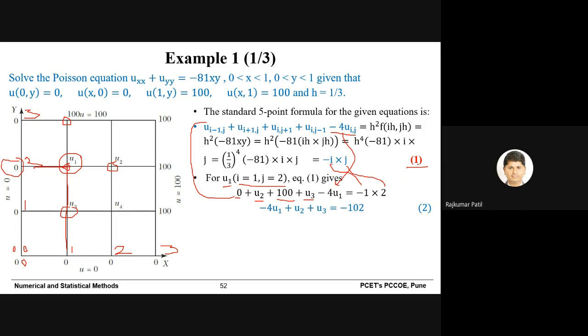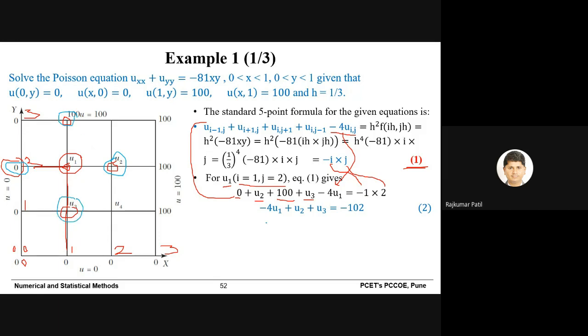So this is how we utilize equation number 1 and the standard 5-point formula, that is we use the neighbors: 0, u2, 100 and u3.